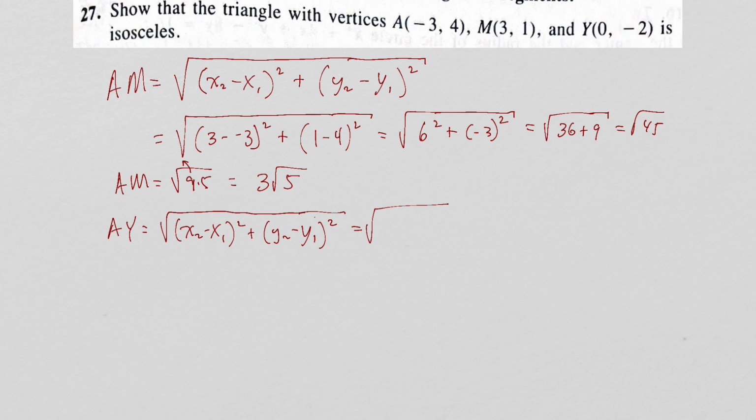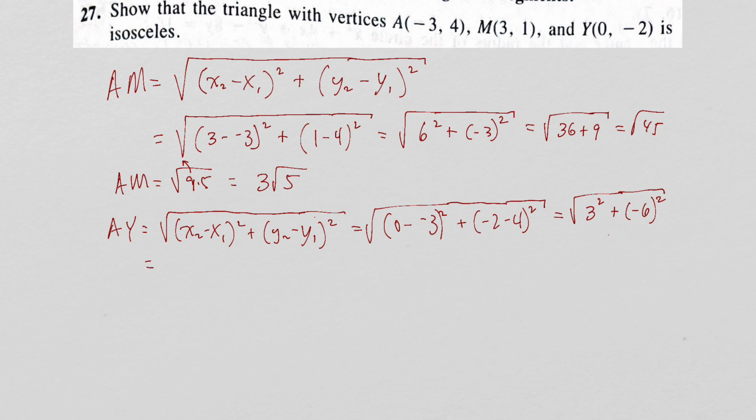So x2 is 0 minus negative 3, squared, plus the y's, negative 2 minus 4, which is 0 plus 3, which is 3 squared, plus negative 6 squared.